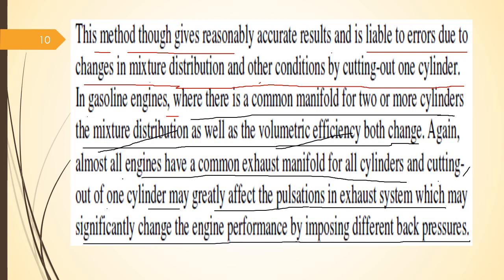So if we cut one cylinder, the back pressure will vary, and when there is a variation in the back pressure, engine performance will vary. So when you cut one cylinder, mixture distribution will vary, volumetric efficiency will vary, and back pressure will vary. These all again affect the indicated power value.